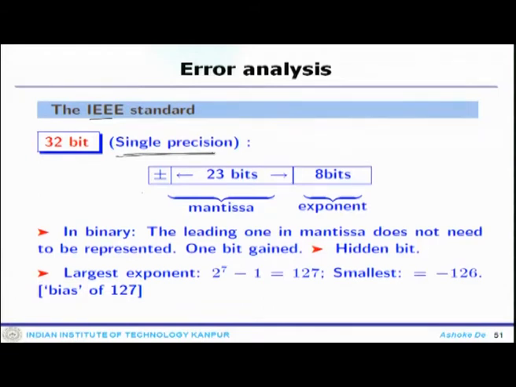So, this is the sign of the number. 23 bits are actually allocated to the mantissa and 8 bits are allocated to the exponent, 1 bit is allocated for the sign. So, this is how the distribution actually takes place.